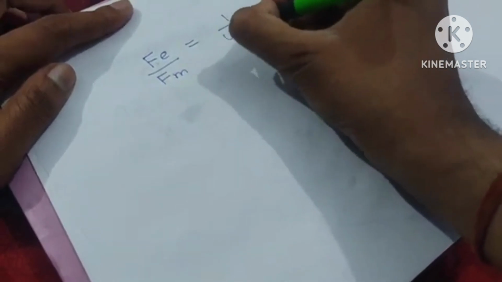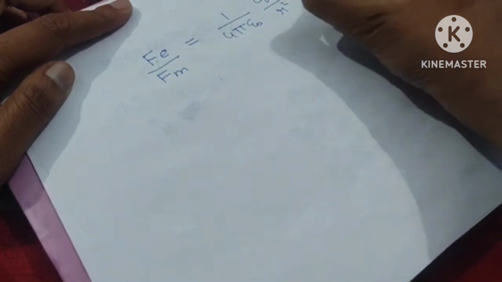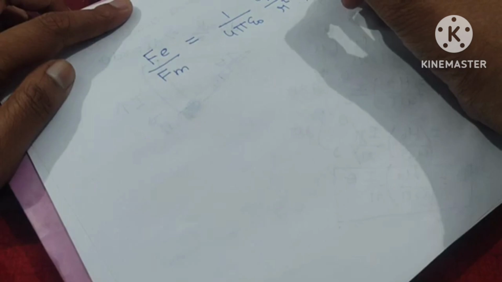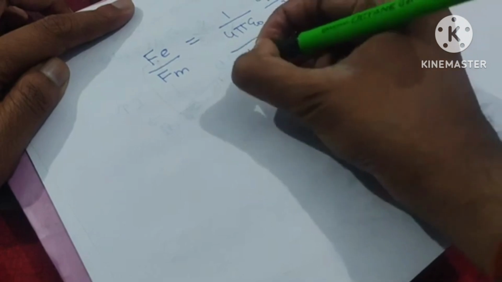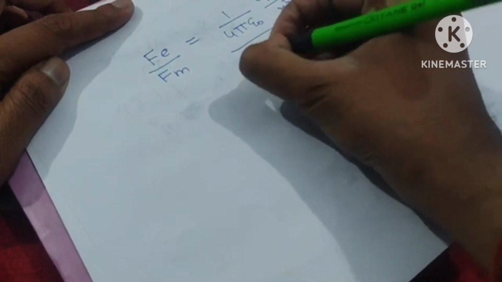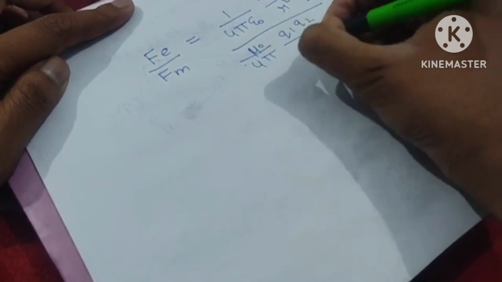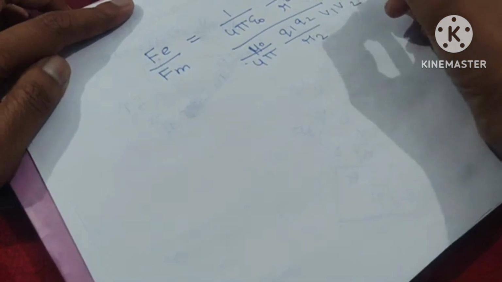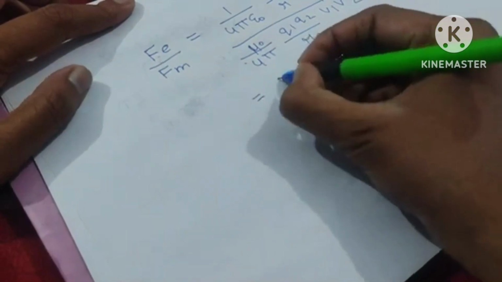So this is 1 by 4 pi epsilon naught q1 q2 by r square divided by mu0 by 4 pi q1 q2 by r square v1 v2.